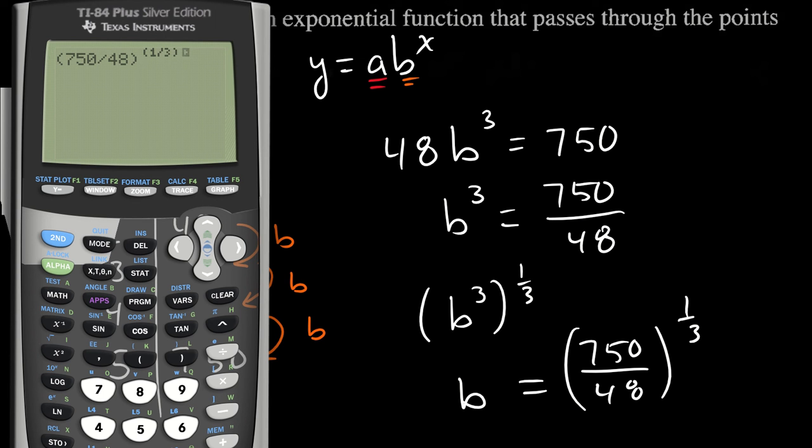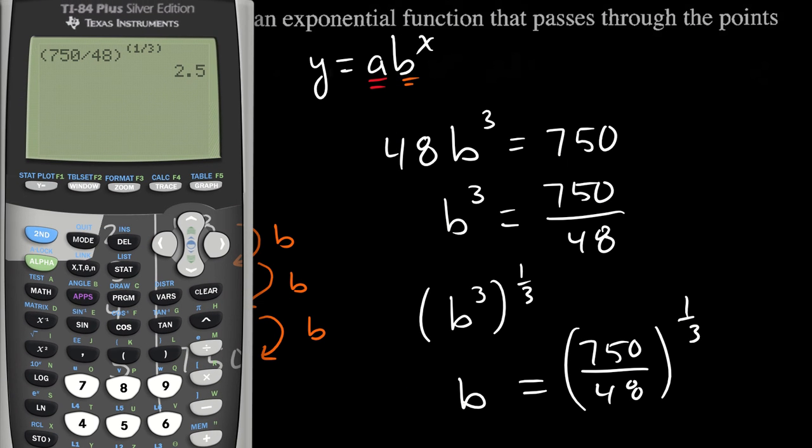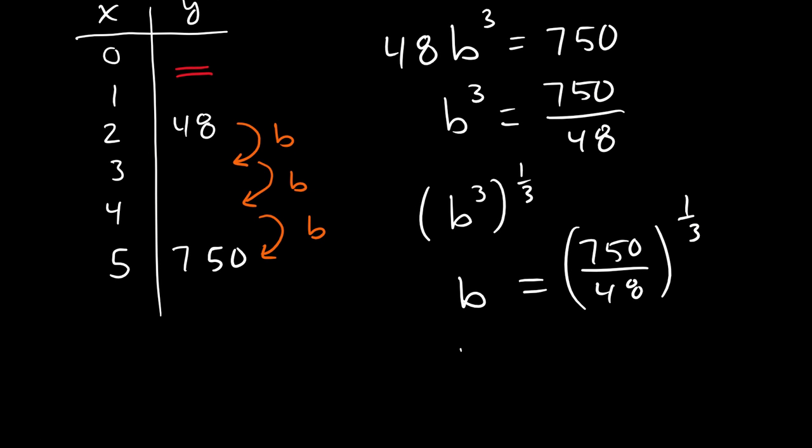So here you can see I've got 750 over 48 to the 1/3 power, and that gives me 2.5. And it's probably not necessary, but I would be a fan of looking at that number as 5/2. So we've got that our multiplier is 2.5, which is 5/2.